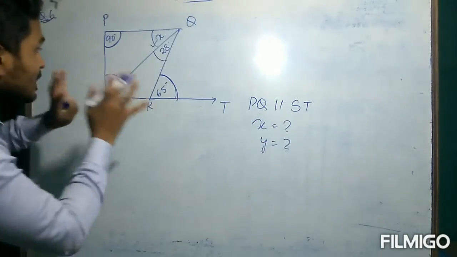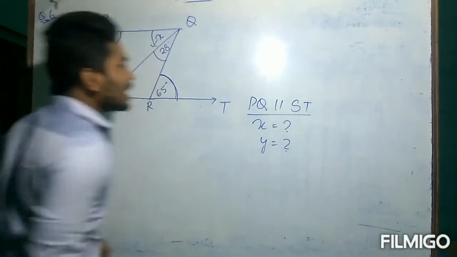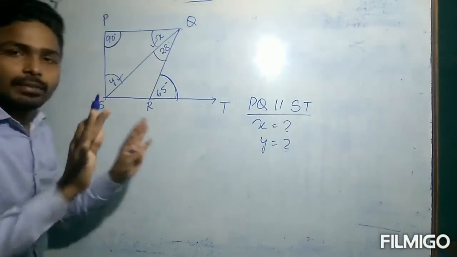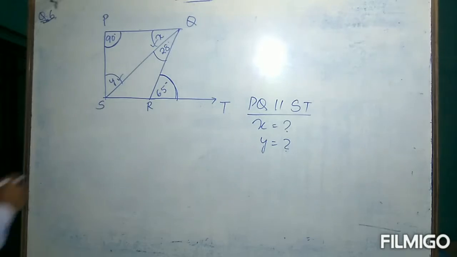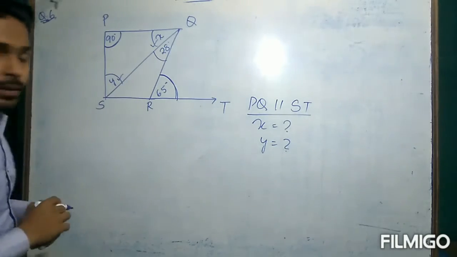Okay, so these are the data that has been given. These two lines are parallel and these three angles are given. So let us find the unknown variables.